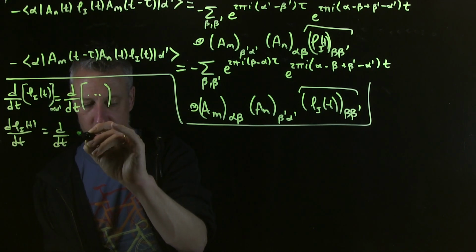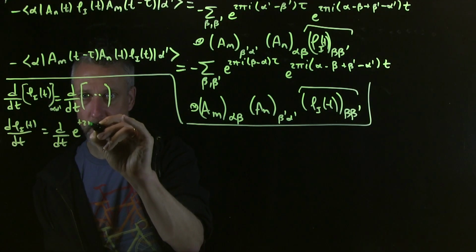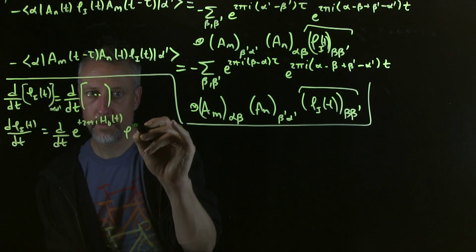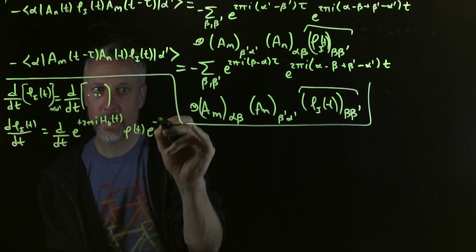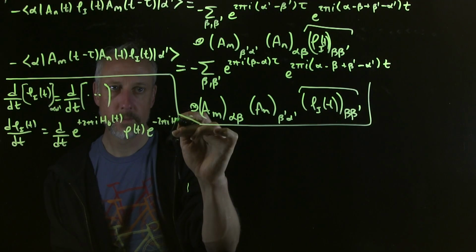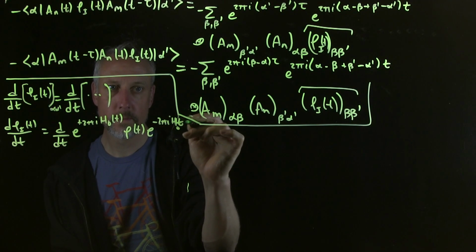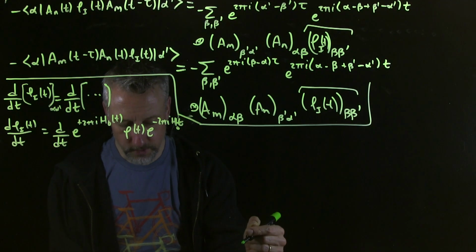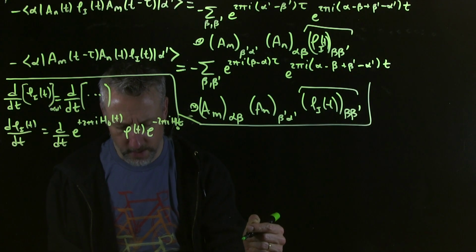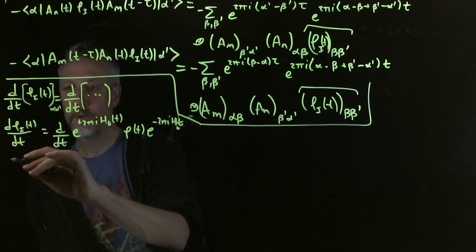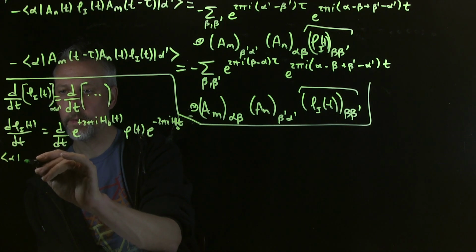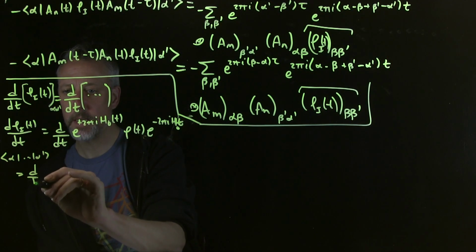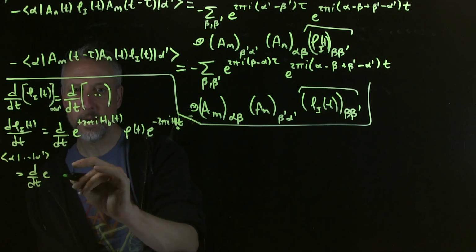So that's u naught, so that's e to the plus 2 pi I h naught t, rho t, the regular rho, e to the minus 2 pi I h naught t. Okay, this one we're just doing the matrix element. So to do the alpha alpha prime matrix element of this, we plug it in. So we'll have d by dt, the e's don't care.